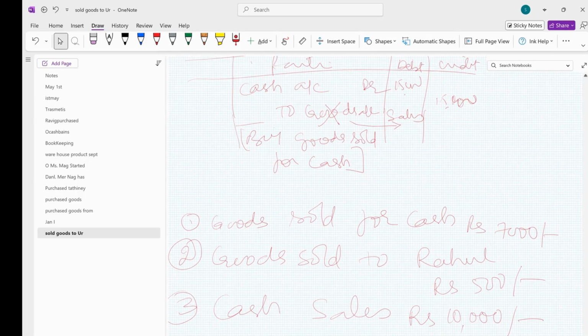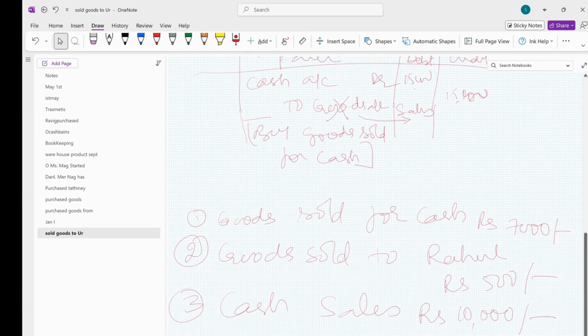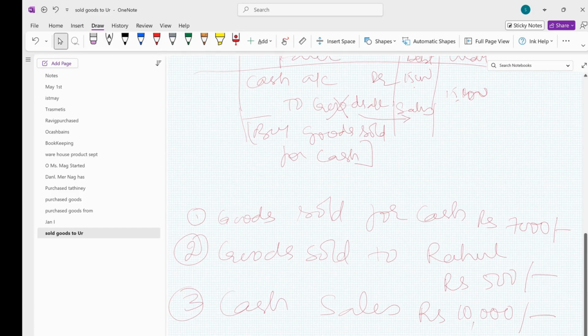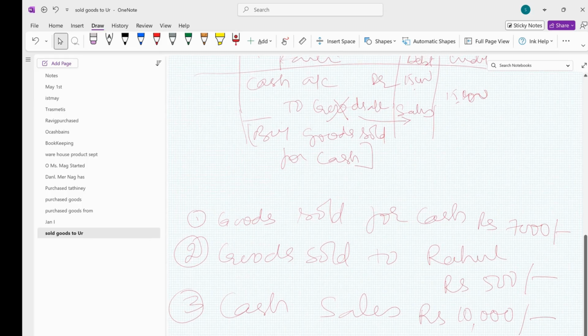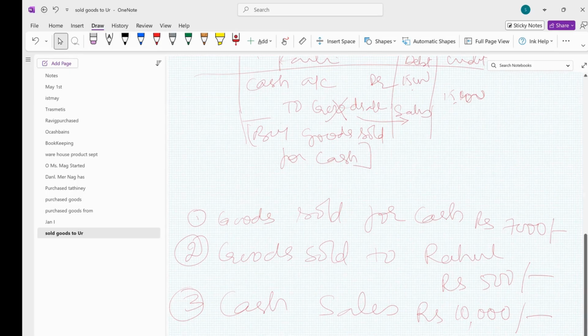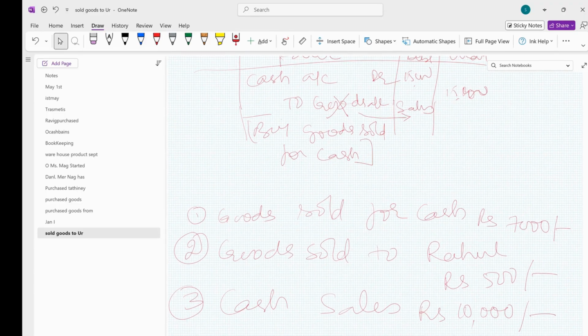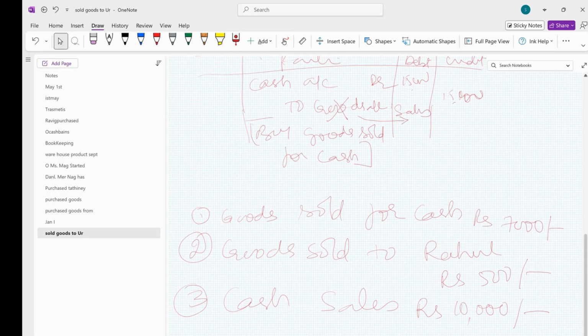These purchase entries and sales entries are very, very important. If you understand this, then I'll take up new entries. If you don't understand this and I take up new entries, you'll not understand properly. Especially these sales and purchase entries, you should understand properly. They are the basic foundation for your ledger and trial balance. Right now, yesterday's and today's homework you have to complete and show me tomorrow.